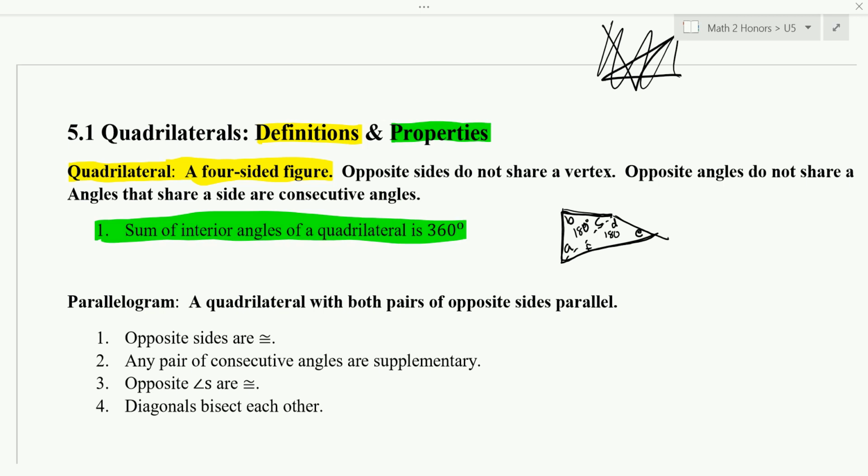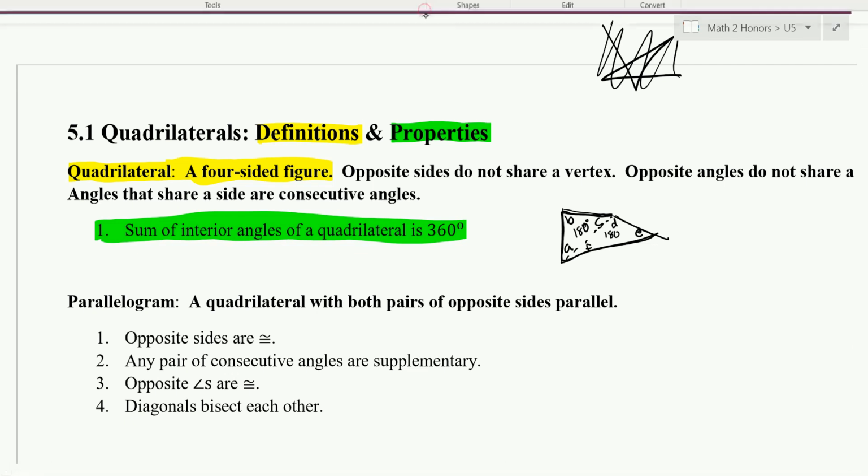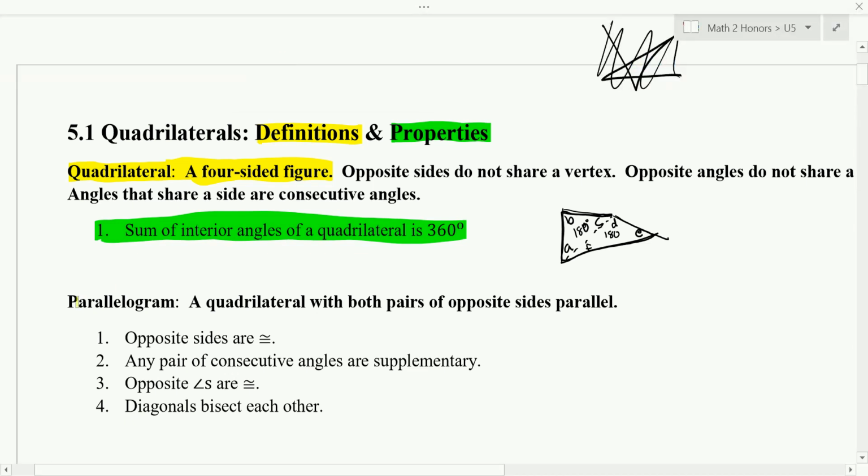Okay. Next definition, a parallelogram. First of all, it is a quadrilateral, which means it's got 4 sides, and both pairs of opposite sides are parallel.